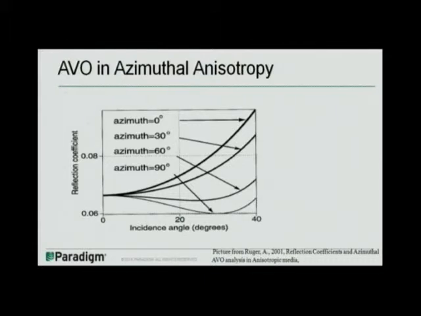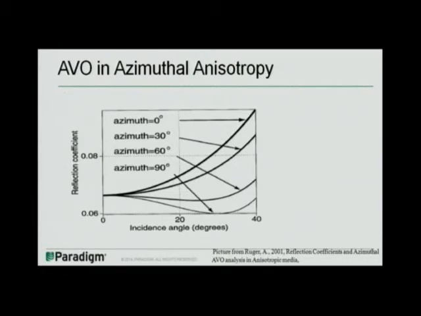Another phenomenon that has been discovered, or I would say analyzed, quite recently, is the changes in what we call AVO. Anybody knows what is AVO? Okay. So let's assume that you know the changes in the AVO as a function of the orientation, the azimuth. This is a theoretical curve showing, for this particular case that is being analyzed here, for azimuth 0, this would be the AVO.